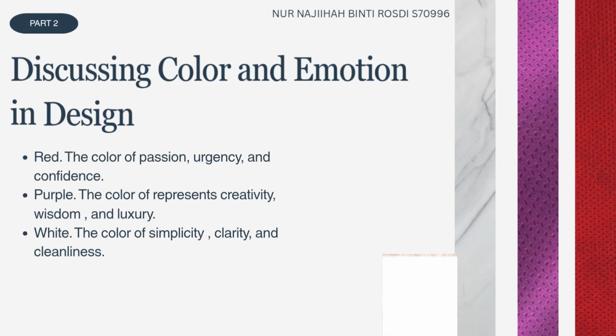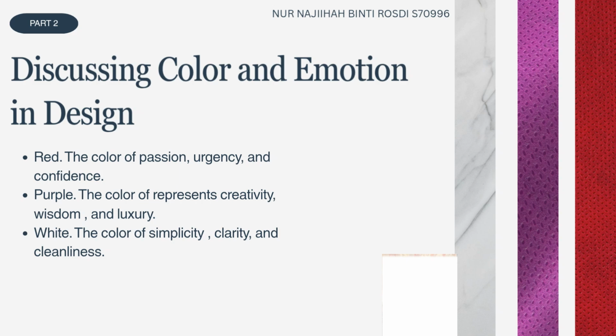Discussing color and emotion in design. Today, I want to share how color influences the way your audience thinks and feels during a presentation. Every color carries a hidden emotional message, and choosing the right one can make your slide far more powerful. First, red. Red is the color of passion, urgency, and confidence.